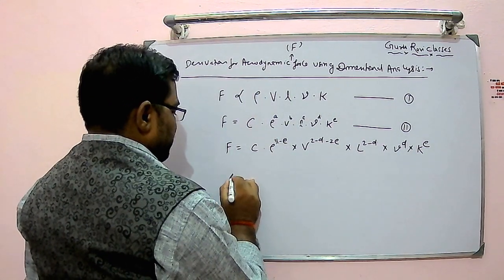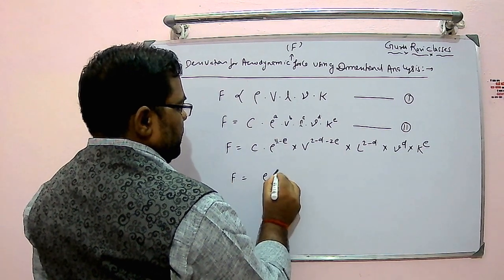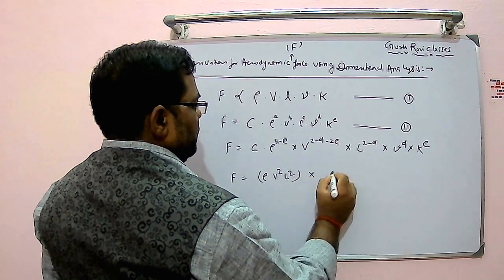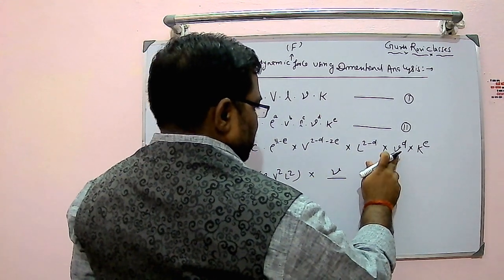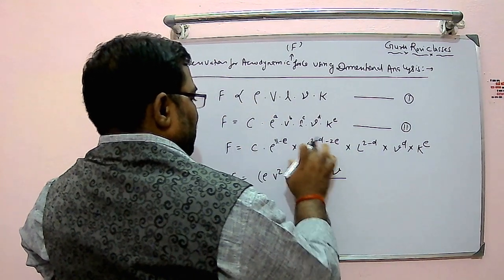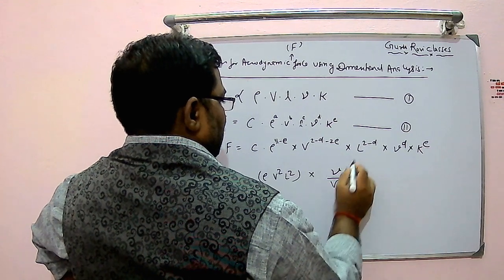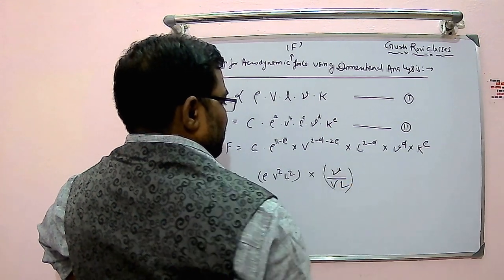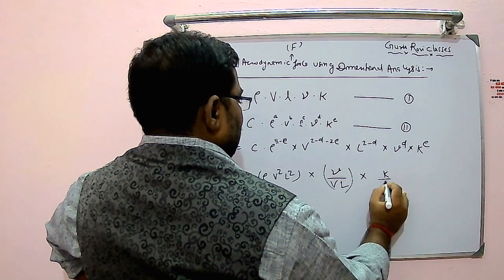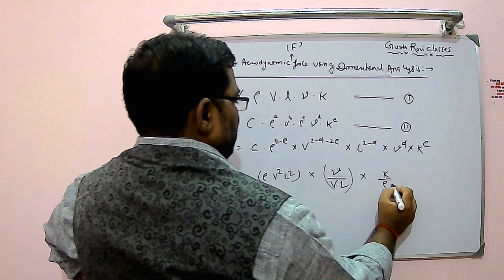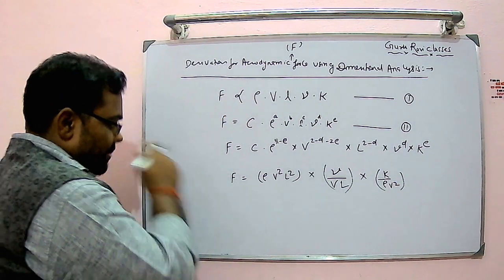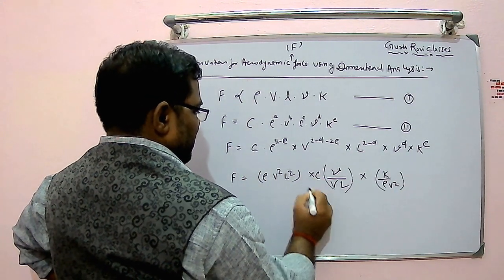You can write F is equal to rho V square L square. This is one term. Rho V square L square into nu divided by VL, you look at how many D are there. VL and nu, one term you got, and here K, you look at E, this is rho V square by K. So you got these two terms, and one constant is also there, so the constant you can put here.